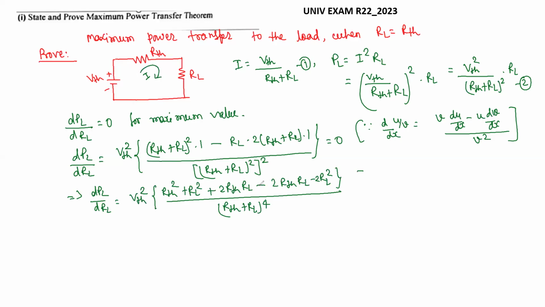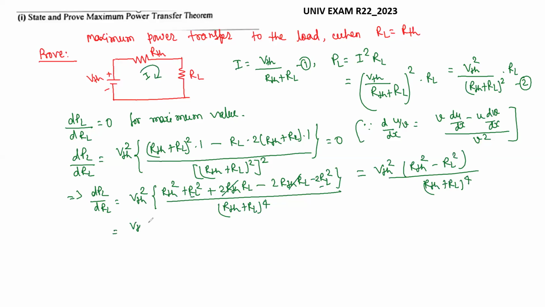So finally, if you see what things we can cancel here, this term is going to cancel. So finally, you'll get here BTH square, and here inside the bracket we have RTH square and RL square minus 2 RL square. So you get minus RL square here. And this is overall divided by (RTH + RL) to the power 4. So finally, this one we have the expression a square minus b square.